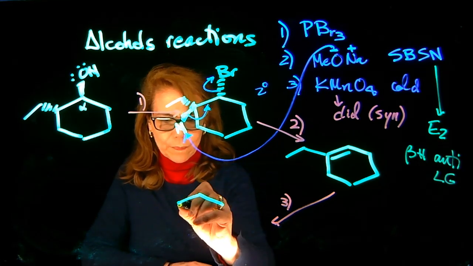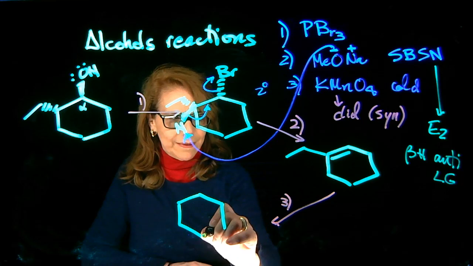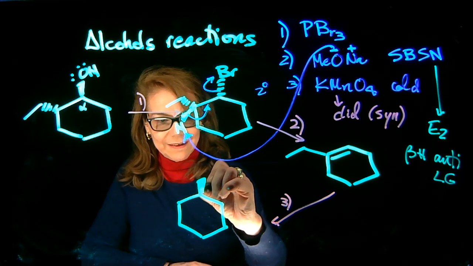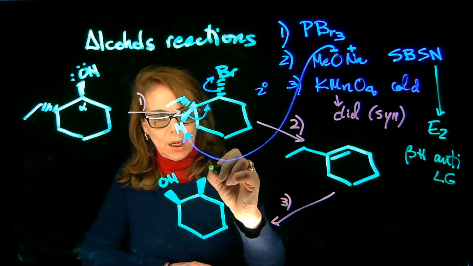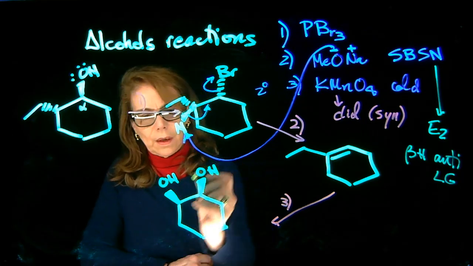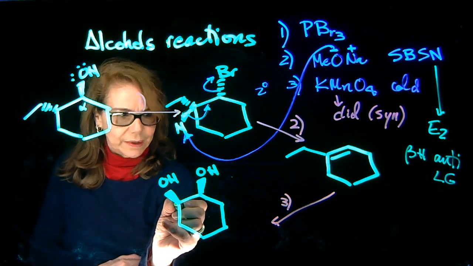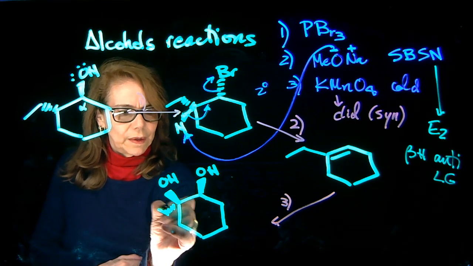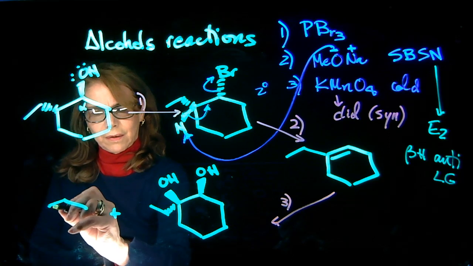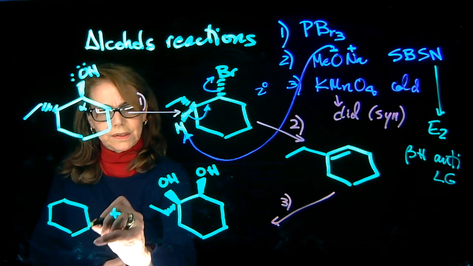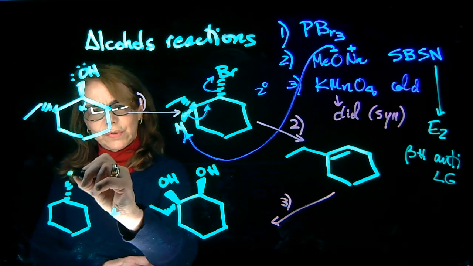And so the product is dihydroxylation. So I'm going to do this too, for example, in wedges, same side as we said before. And this one is one of the products, and the other, where you will have the two OHs to the same side.